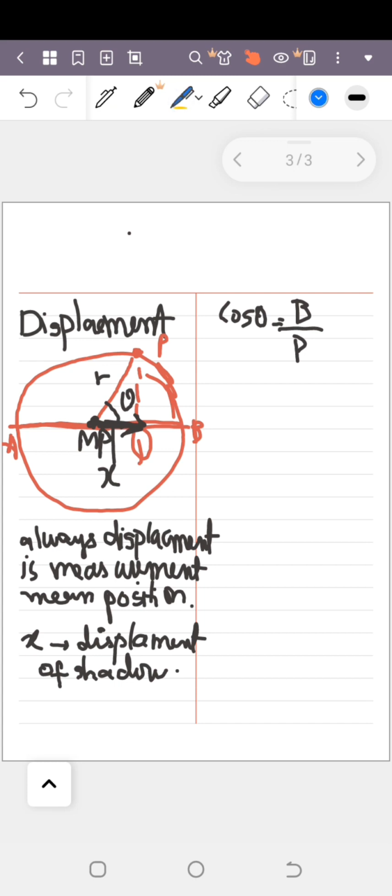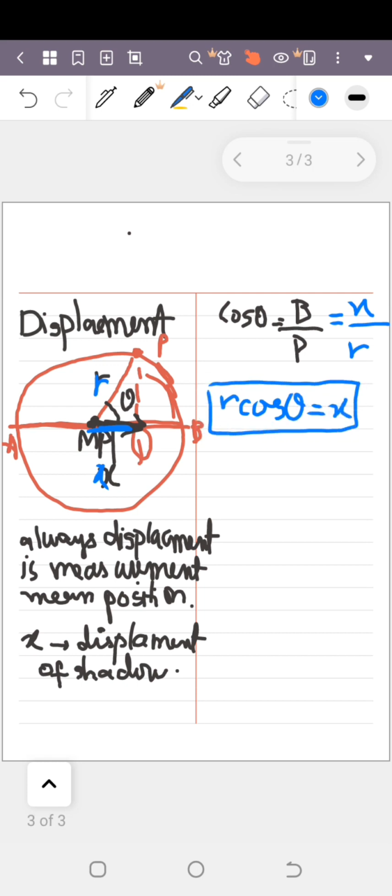So here you can see base is given, which is x, and the hypotenuse is given, r. So this will be x upon r. Now r cos theta will be equal to x. So we have found the value of x: x is r cos theta.